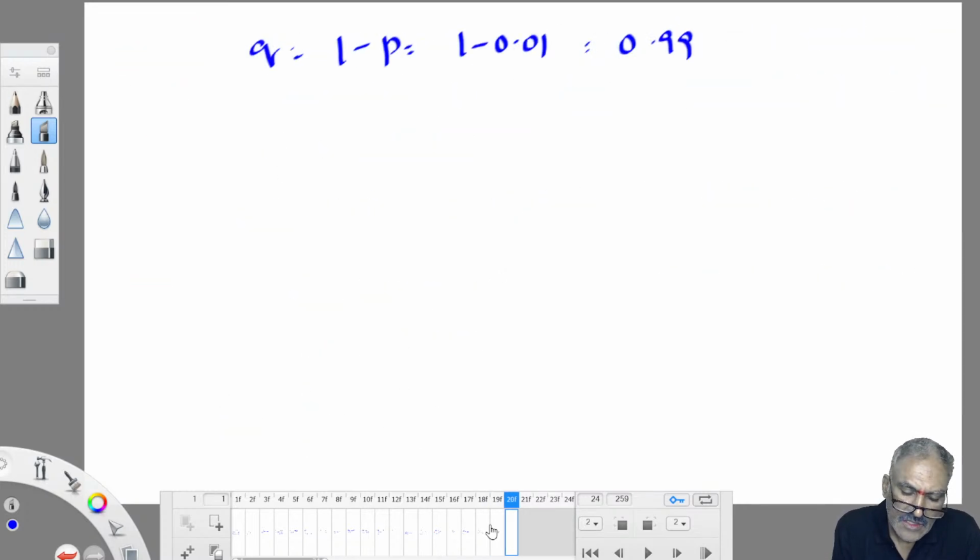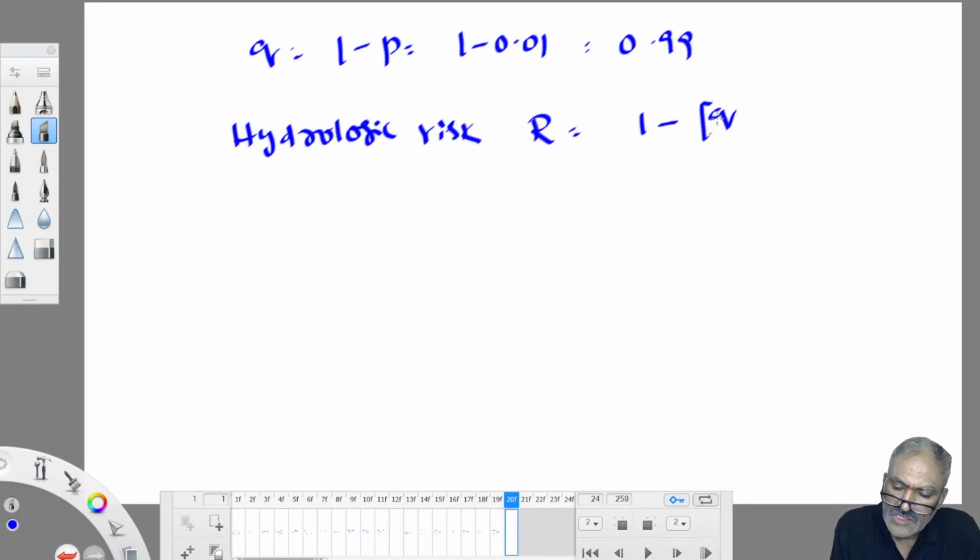Okay, then hydrologic risk is equal to 1 minus Q power n. So 1 minus 0.99 to the power 2.